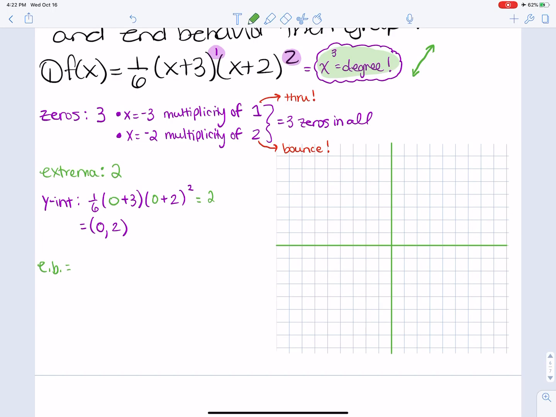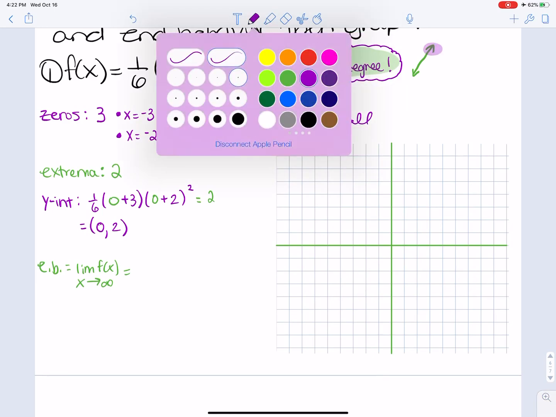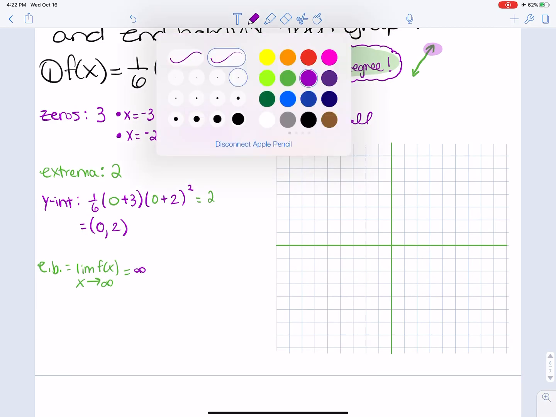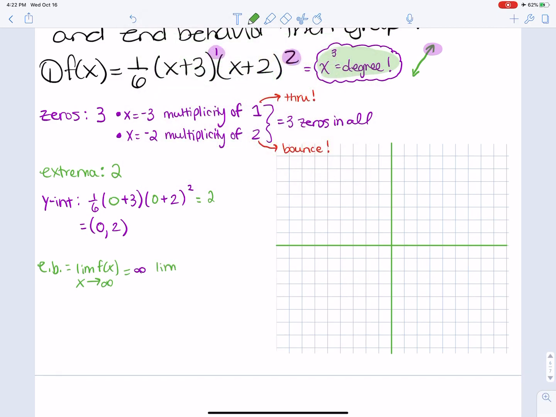This is the limit of f of x as x approaches infinity equals, and let's see what happens as we approach infinity. That's to the right. That is infinity. And then the limit of f of x as x approaches negative infinity is, going to the left, negative infinity. That is also negative infinity.